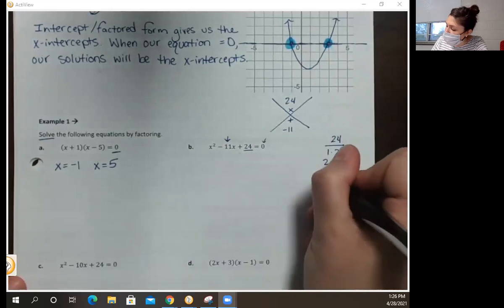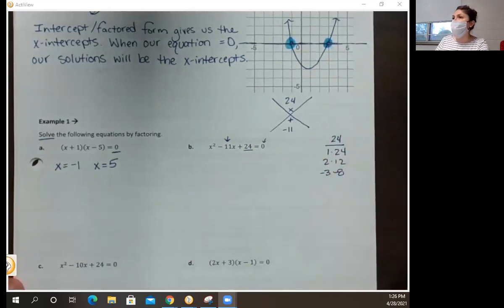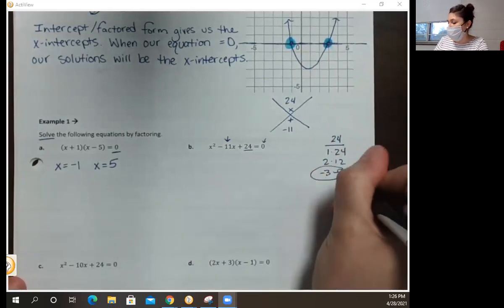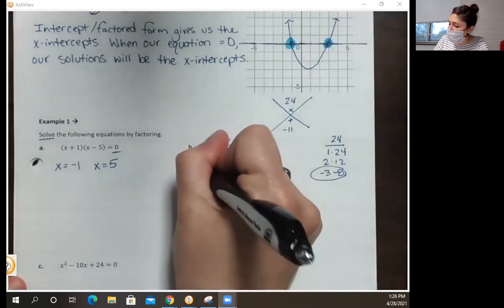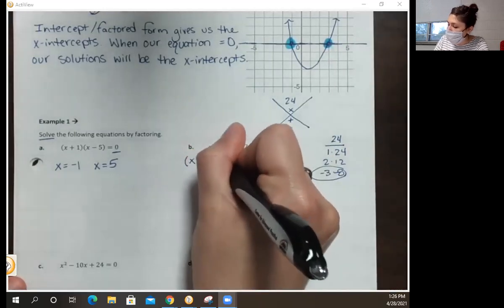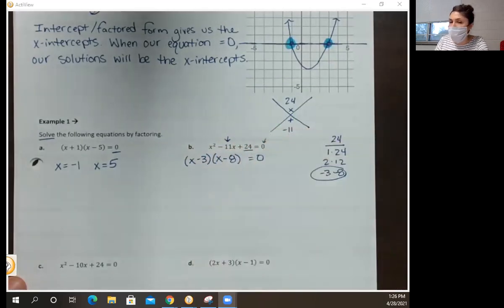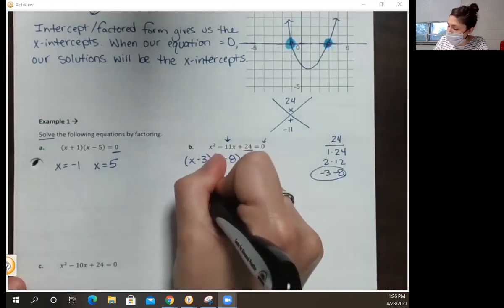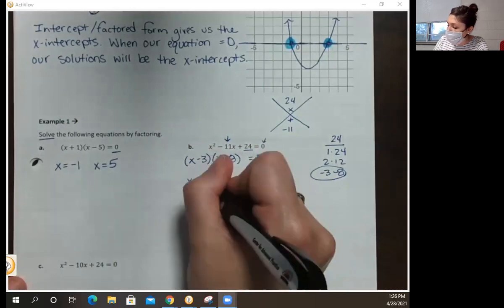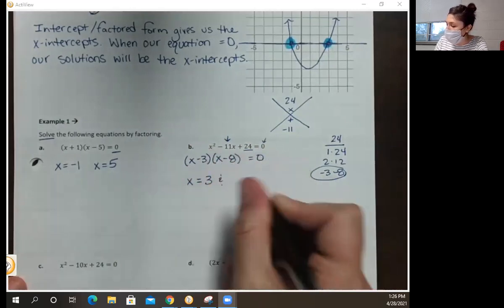Since I want negative 11, let's use negative 3 and negative 8. So my factored form here would be x minus 3 times x minus 8 equals 0. And then my solutions would be x equals 3 and 8.